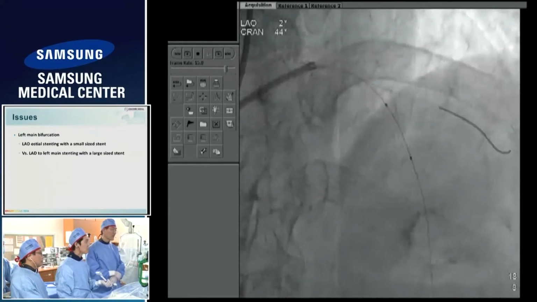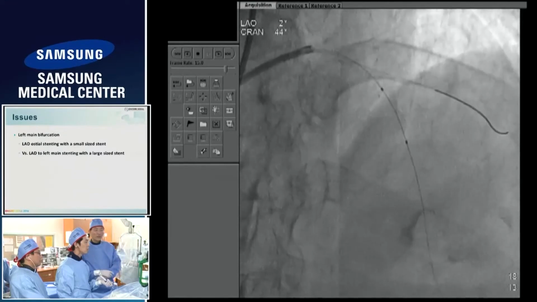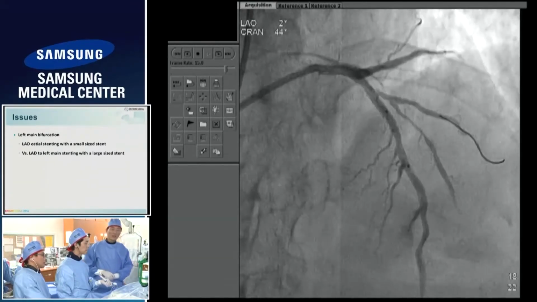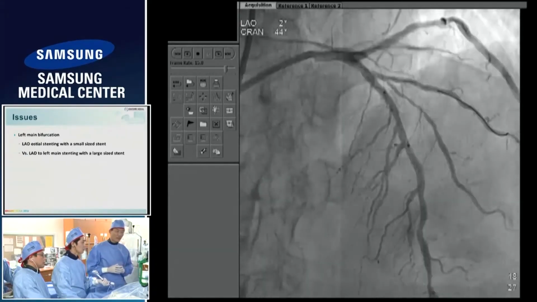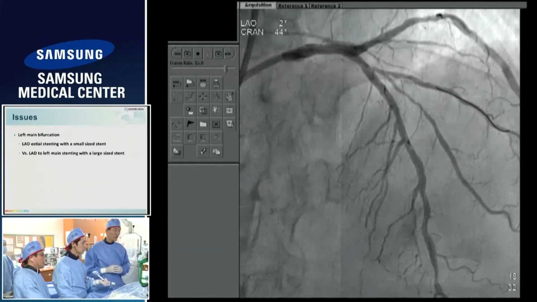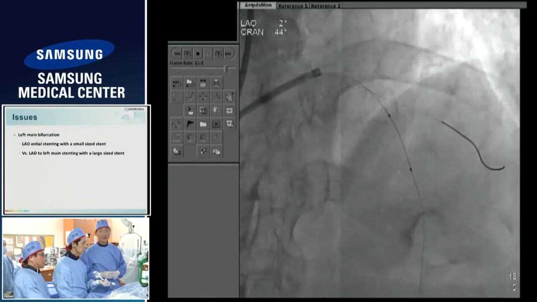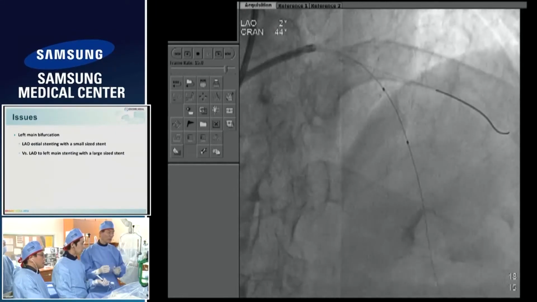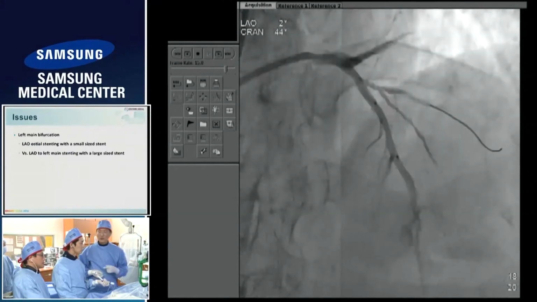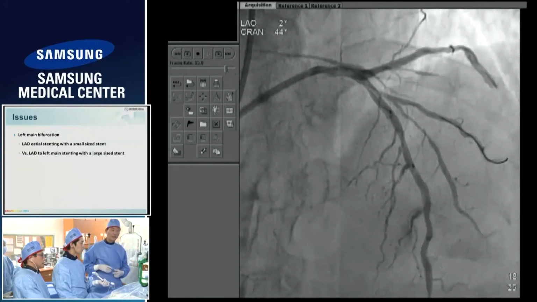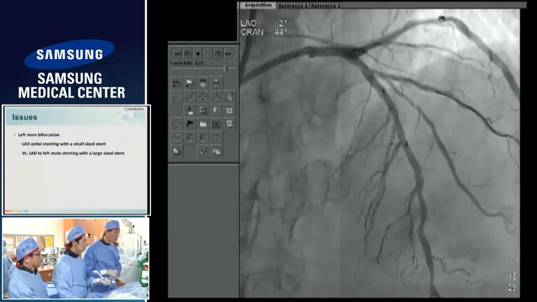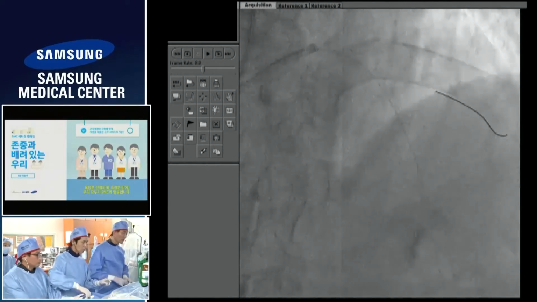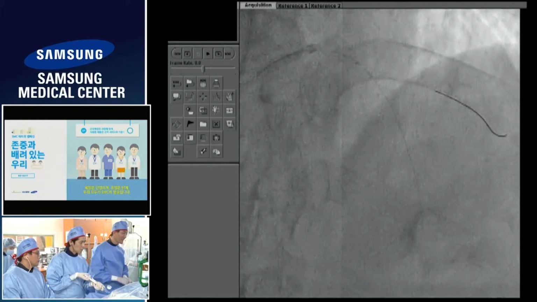Another issue, I use the undersized scaffold for proximal LAD is the oversizing is really a very strong risk factor for diagonal ostial compromise. If I use a 3.5 scaffold, there is a higher risk of compromise. So before I recross the wire to diagonal, I need to be very conservative. So 15, this 12 or, okay, let's see what's happening.